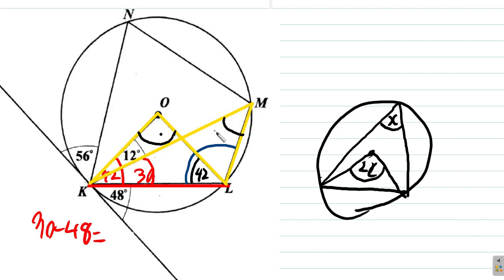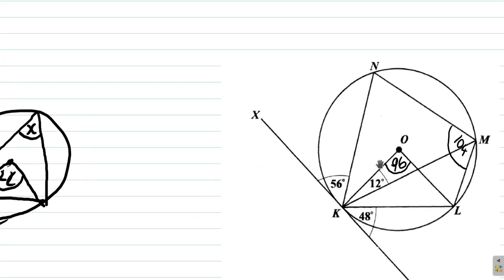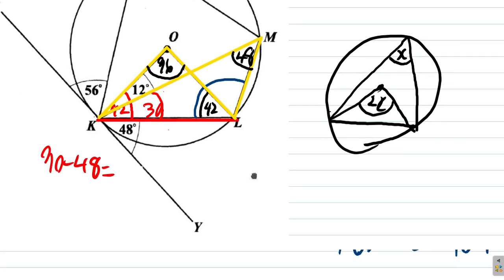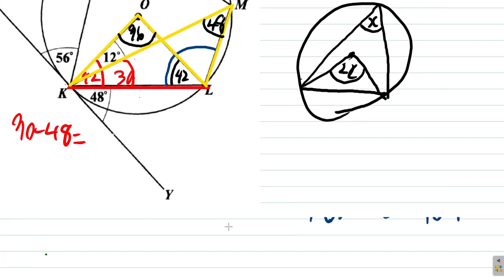We're taking our time. What's the angle here again? We worked that out earlier, no? It's 96. So if this is 96, this will be half of 96, right? Half of 96 is going to be 48. This is 48 degrees. Now we have a 48 and a 30. Now let's draw the triangle again. You have KL here.